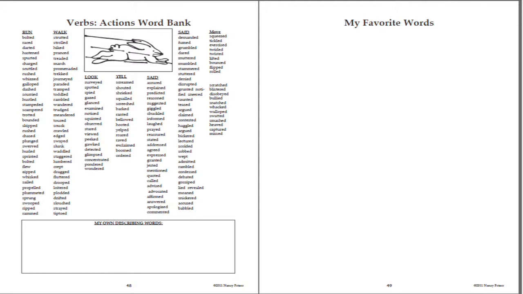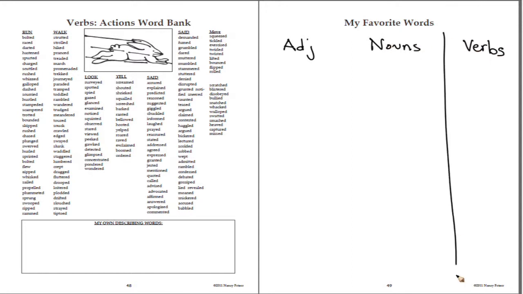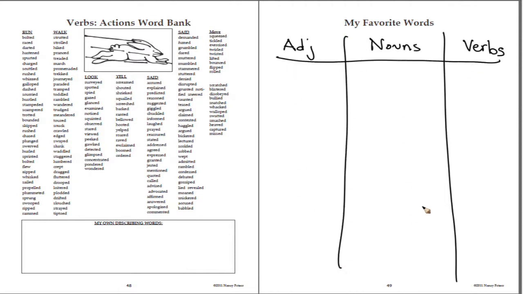As they're reading their own books, as they're focusing on the story of the week in language arts, if they're listening to a read aloud and they hear words that they absolutely love, they record them on this page. What I suggest is that you have the students write adjectives, nouns, and verbs, draw lines, and then have them record their favorite words underneath one of those columns.